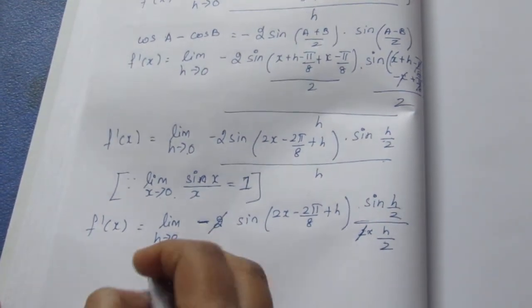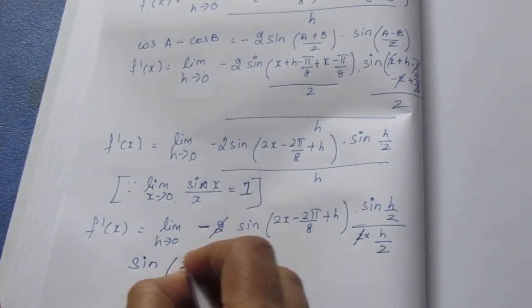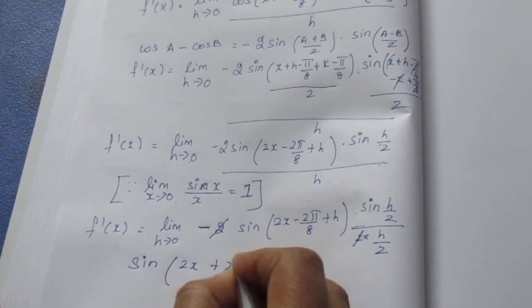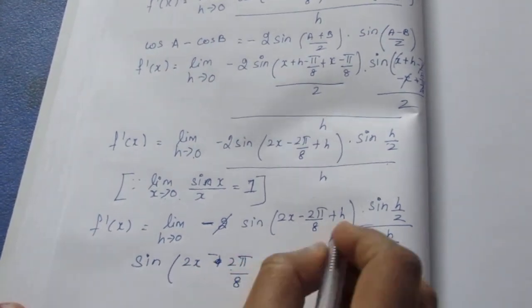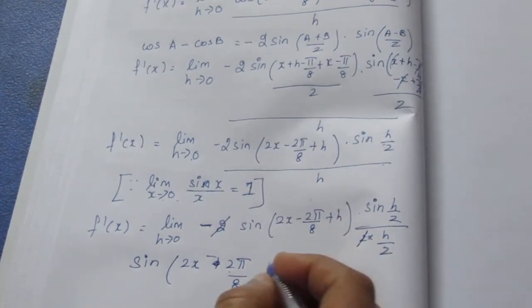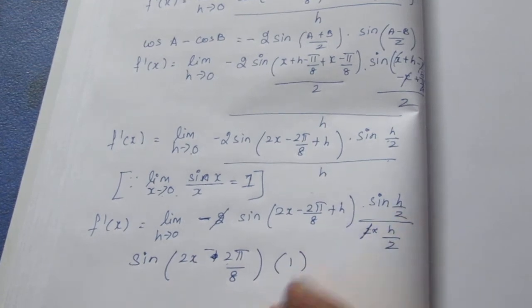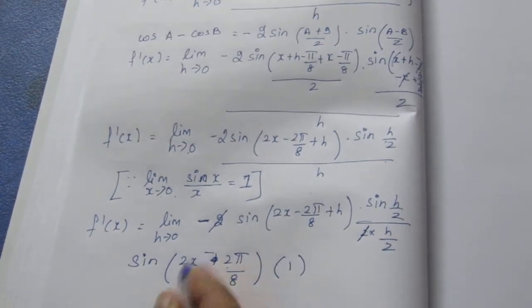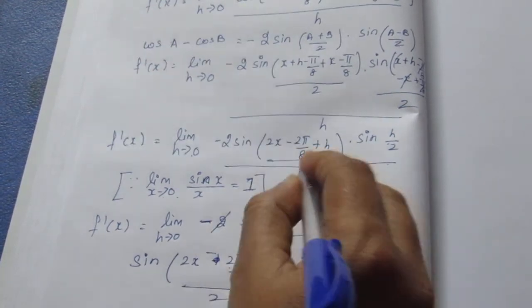So applying the limit value, we have sine, limit value h tends to 0. So here it becomes (2x minus 2 pi by 8) by 2. Instead of h, applying the value, it becomes 0. So leave it off, into 1. While applying here, it becomes 1. We have by 2 common.